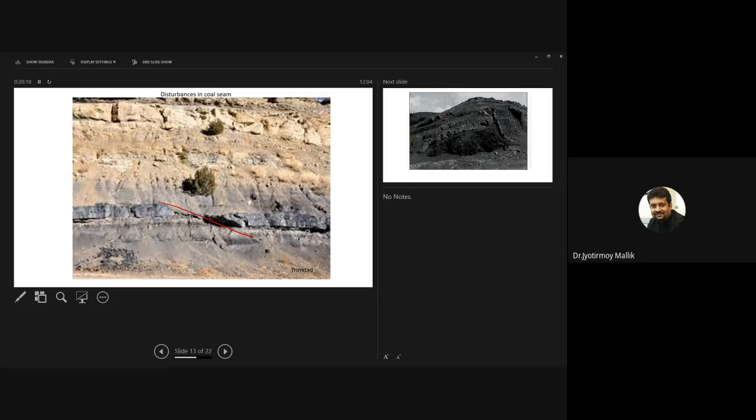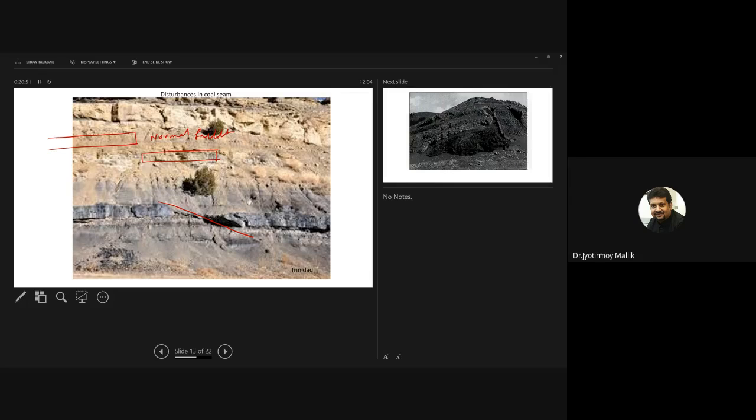They were tracking some seams in a coal mine, and all of a sudden they saw that this coal seam had abruptly stopped, and then after a while it started again. So it has faulted, and they always saw that it was going down, and hence they called them normal faults. It's normally found, hence they are called normal faults.